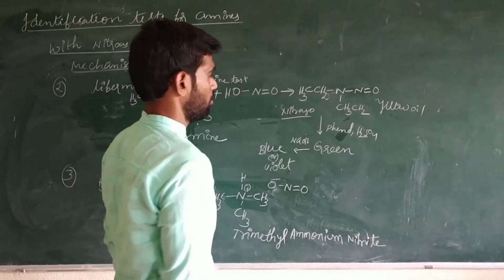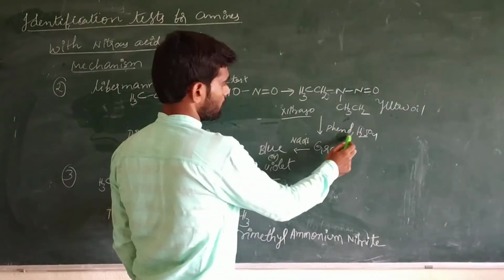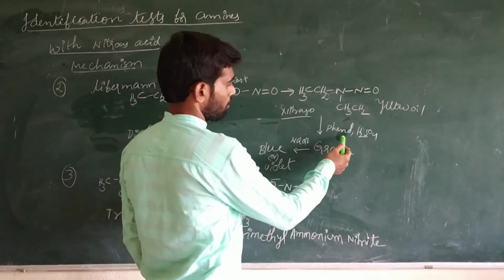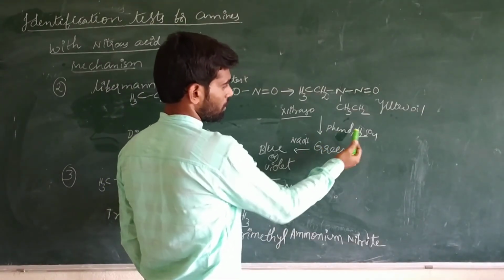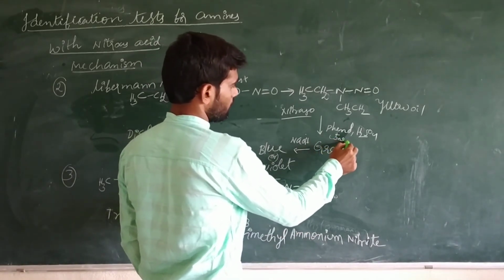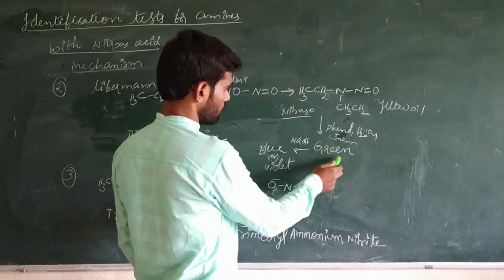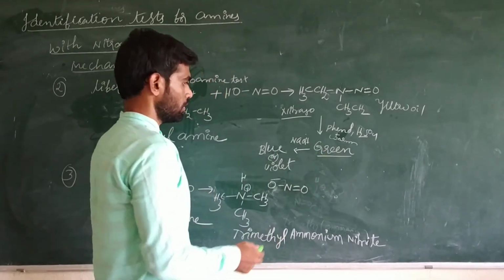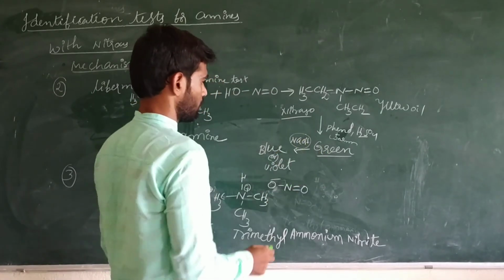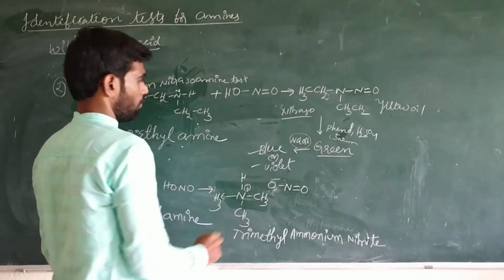Nitroso compound. When it is reacted with a little phenol, warmed, and H2SO4 is added, this solution converts into green, and with further alkalinization with sodium hydroxide, it converts into blue or violet color.